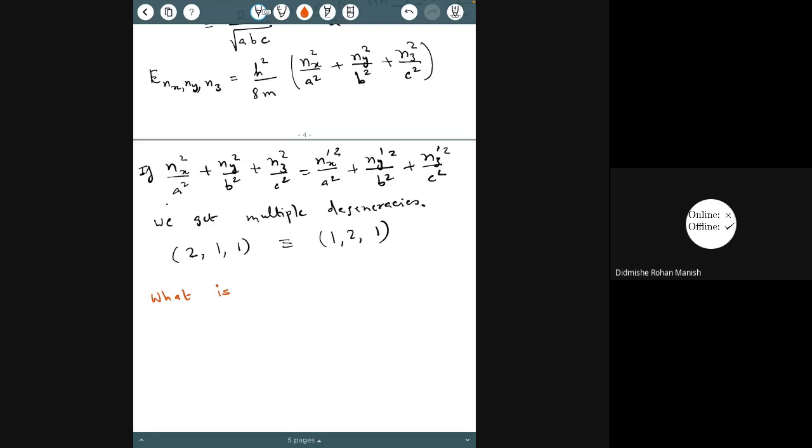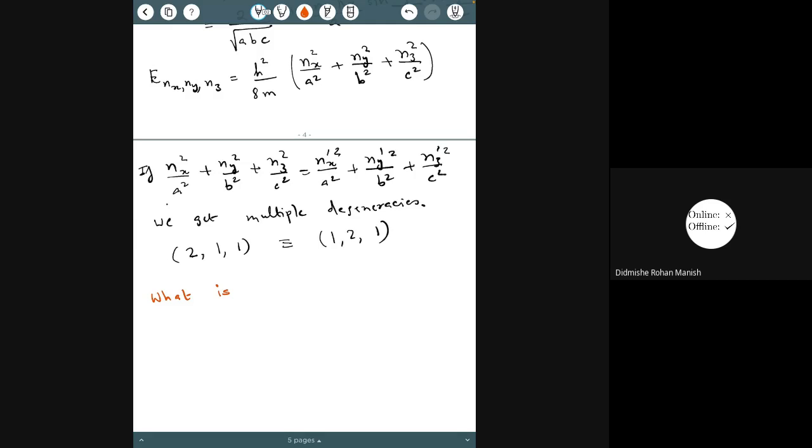So for every energy level you can have more than one wave function by default. For a 2D box, you have at least a degeneracy of 2. And for 3D, you have at least a degeneracy of 3. If all 3 numbers are different, then you can have 3 arrangements of these quantum numbers, so at least a degeneracy of 3.